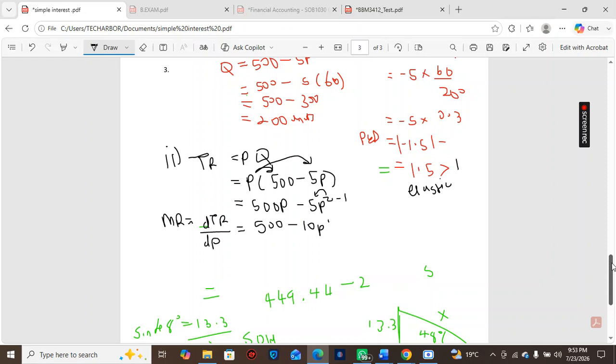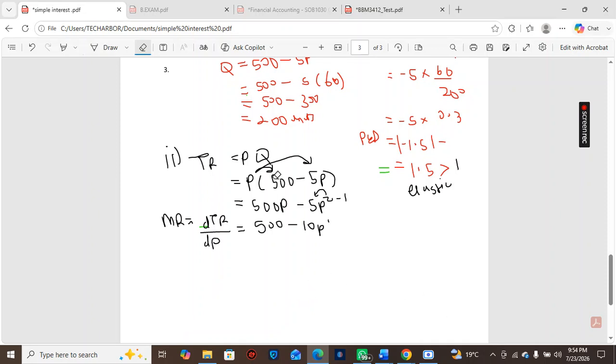In order to find the price that maximizes revenue, equate the marginal revenue to 0. So marginal revenue equals 0. Our marginal revenue is 500 minus 10P equals 0.